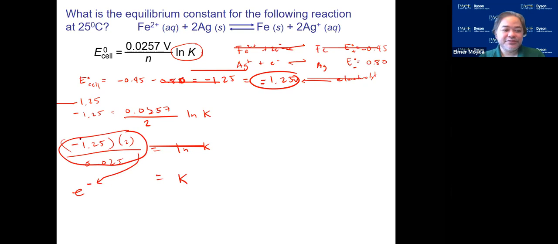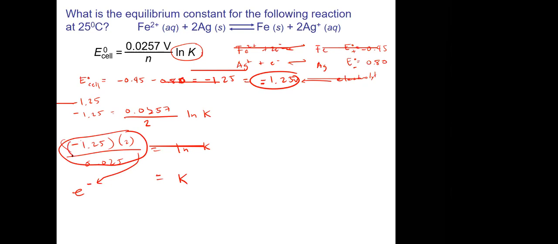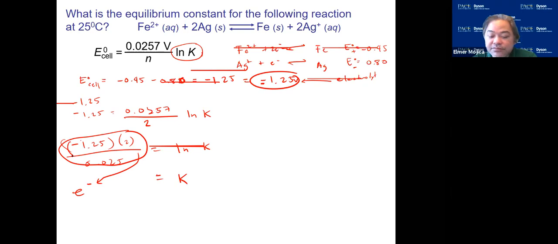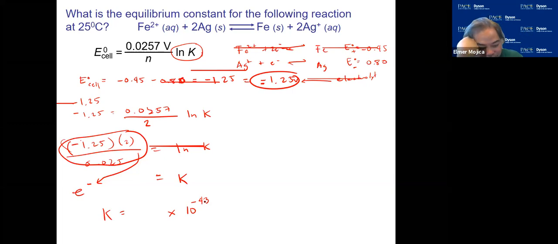That's a negative value, so negative 1.25 times 2 divided by 0.0257. What is K equal to? I get something that is to the negative 43.